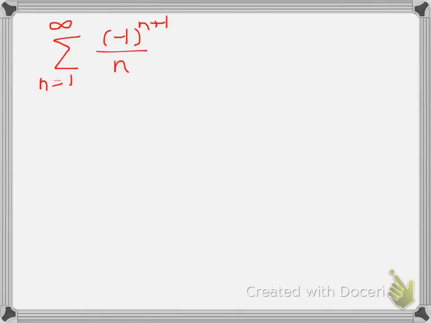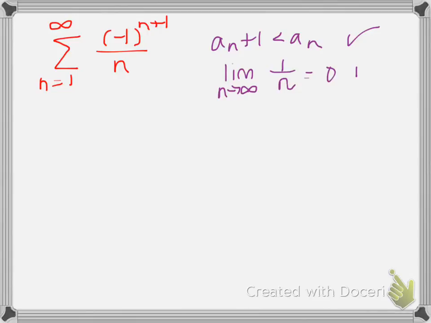First of all, on these problems, you should always prove that it converges, and it does, because each term is less than the one before it. If I wrote out the terms, I could see that. Also, the limit as n approaches infinity of 1 over n without the negatives does equal 0. So we do have a converging alternating series.